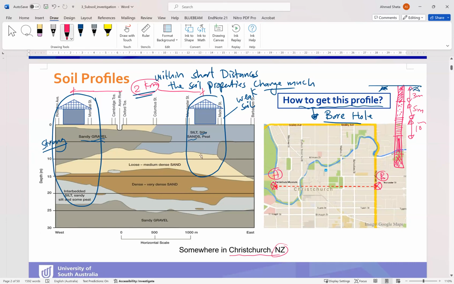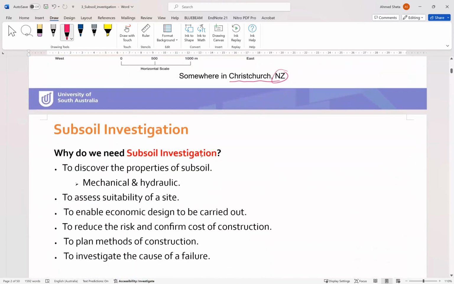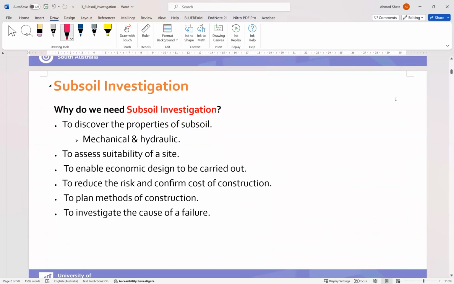So the soil profile is one of the important things we are looking at when we are doing subsoil investigation. So now again, why do we need the subsoil investigation and why is it important? The first thing is to discover the properties of subsoil, mechanical and hydraulic properties. Okay, so what are the mechanical properties of soil?